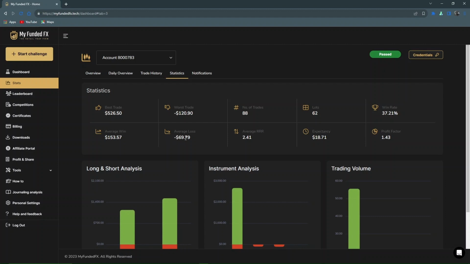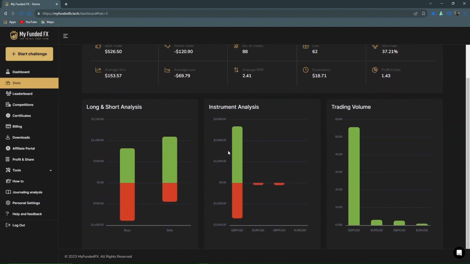The average loss was 69, almost half of 1%. You can see profit factor over here. I don't pay attention to these two, but they are all being calculated based on the number of trades, the number of 0.01 lot size trades that I used, and they resulted in losses. Those ones are being counted in these and those kind of stuff. So I don't pay much attention to this.